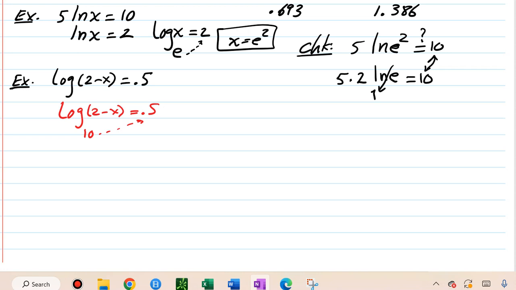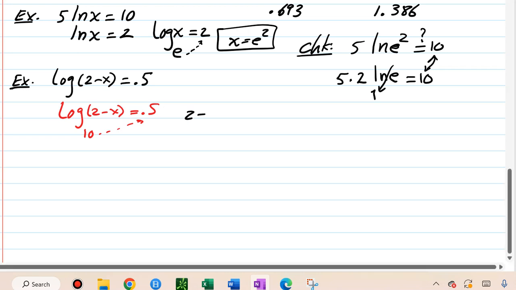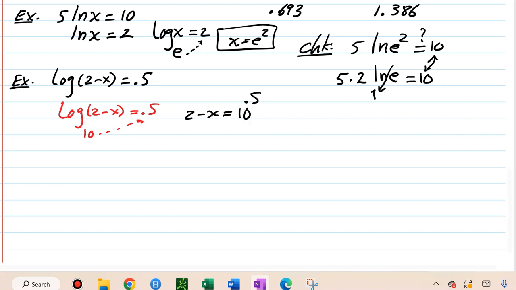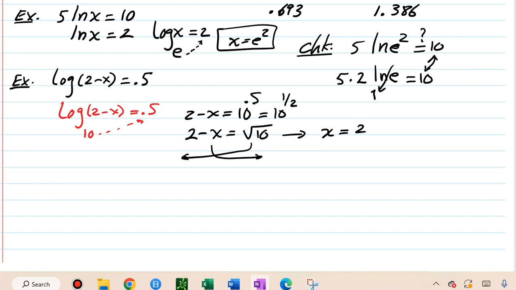This means that 2 minus x is equal to 10 to the 0.5. Now 0.5 is 1/2, and 10 to 1/2 we can rewrite as the square root of 10. Then in the next step, we can solve it. Move x to the other side, bring the square root of 10 to the left. And this will give me x is equal to 2 plus root 10. And that would be the exact value of this expression.